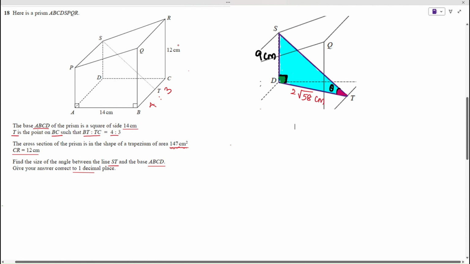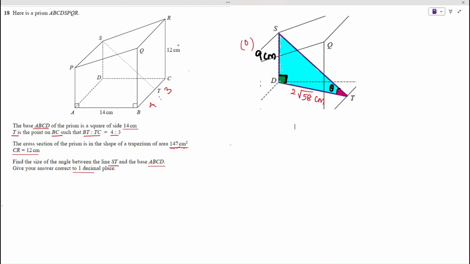And now we can use trigonometry. So you can use SOHCAHTOA. And for this, we have the opposite side and the adjacent side to our angle. We have the values for those, so we can use TOA.